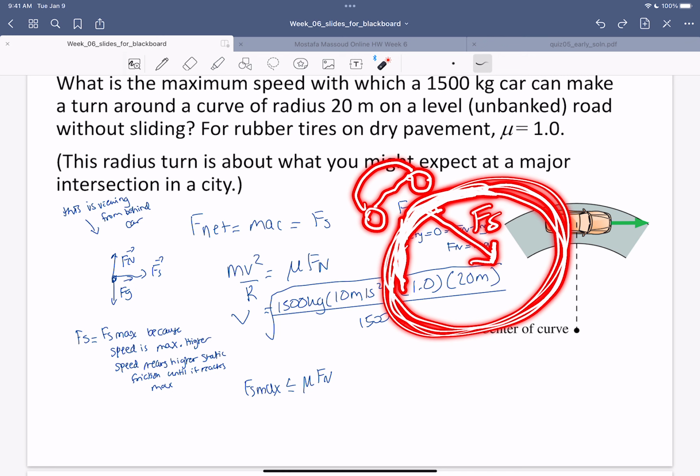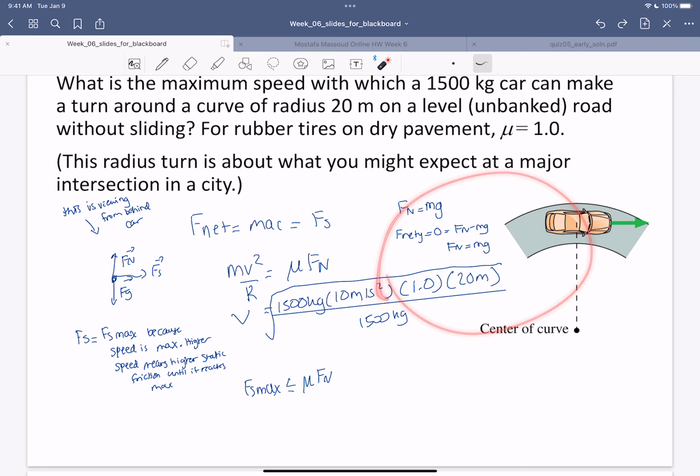So if I want to make a turn, moving in a circular path, I must have a force that allows me to do that. What force allows me to grip the road? That's static friction. If I don't have static friction, I'm not going to be able to make this turn, and then I don't have a circular path anymore. So static friction force gives you the grip on the road.